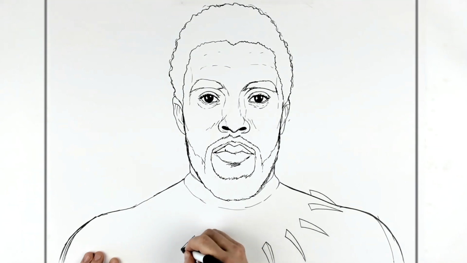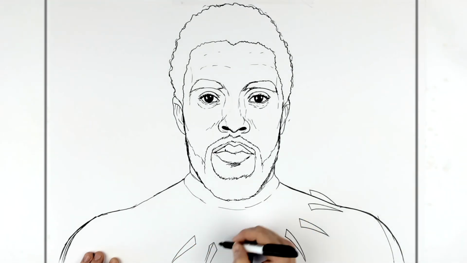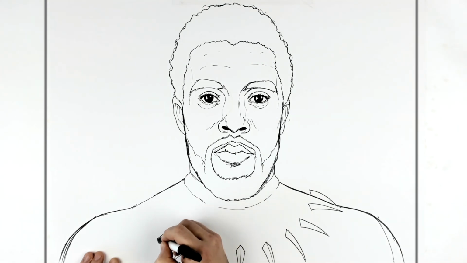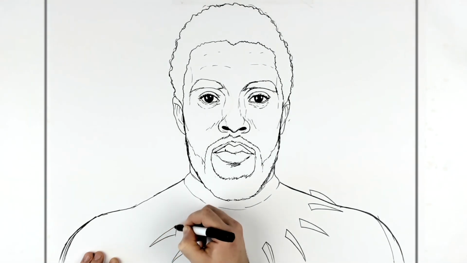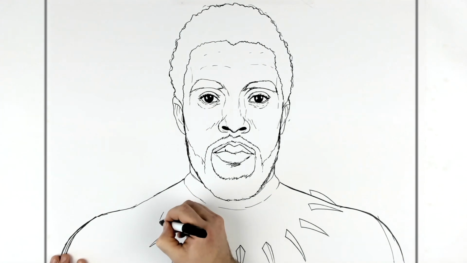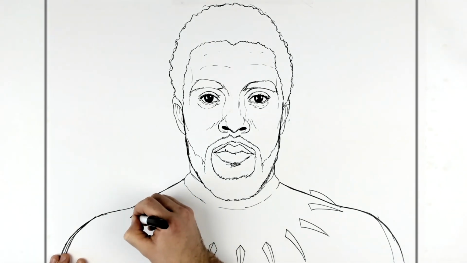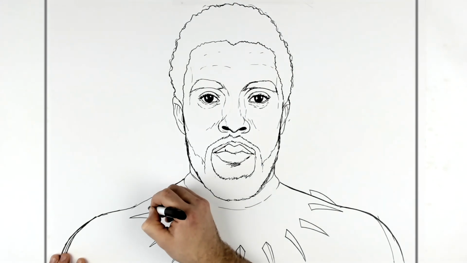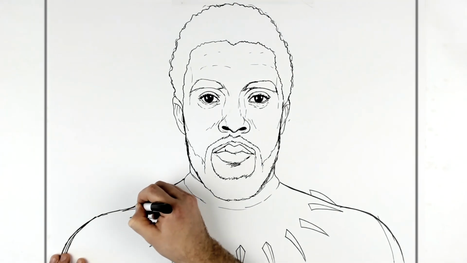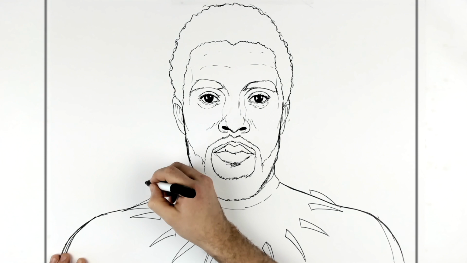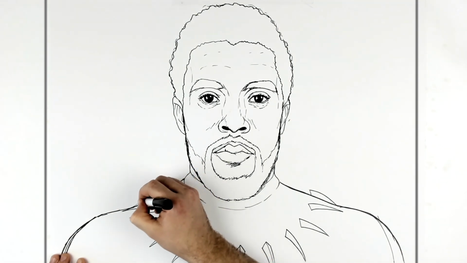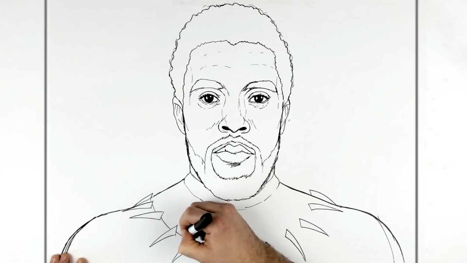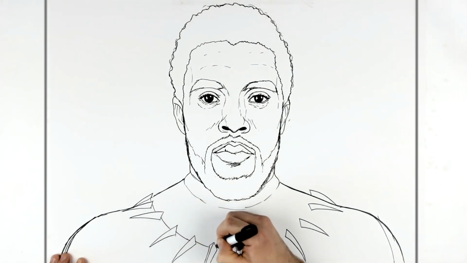And another one kind of just sticking off the back here. And there's like a line that connects them all. So it's like a half circle going around his neck.